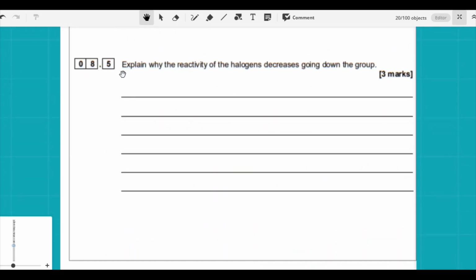Okay, next 8.5, that is explain why the reactivity of halogen decreases going down the group. Because it's the same thing we already discussed. Because the atomic size increases.